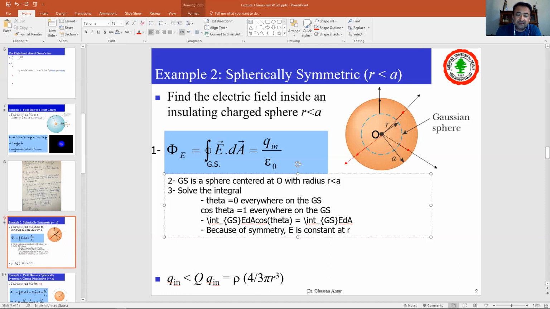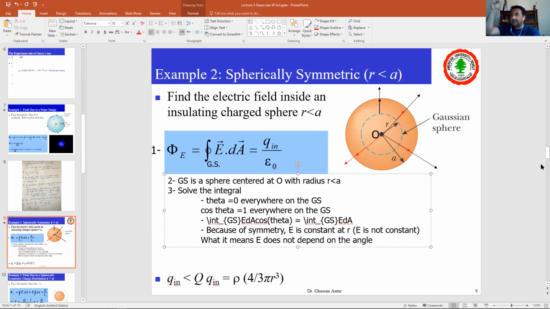E is not constant everywhere, but E is constant at a distance R. What it means is that E does not depend on the angle, because the only thing which is changing is the angle. It does not depend where you are on the sphere, whether it's 0 degrees, pi over 2, pi, 2 pi, etc.